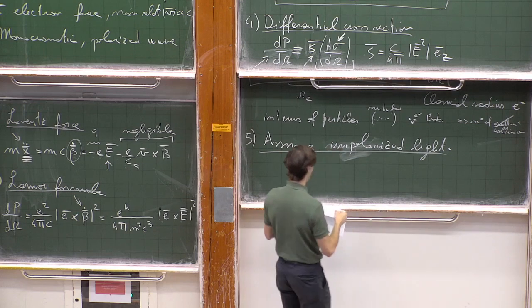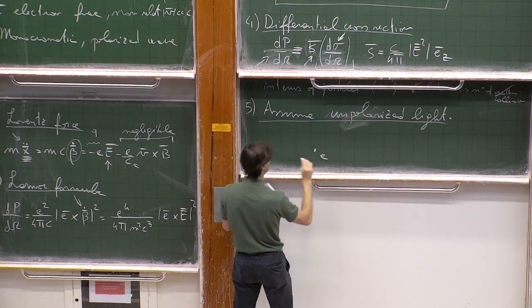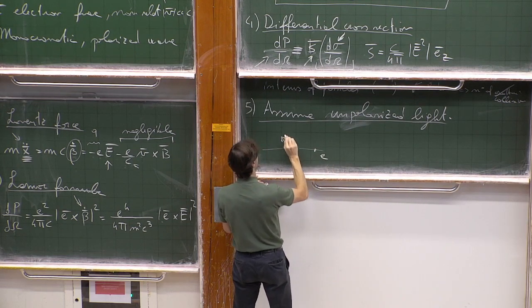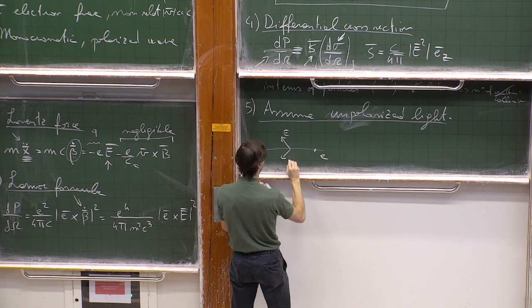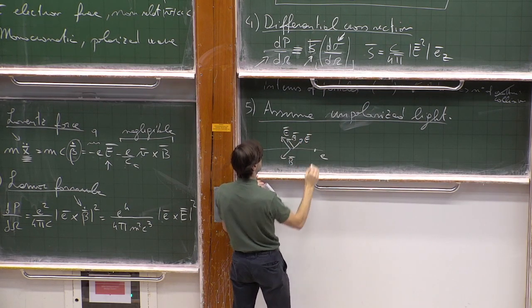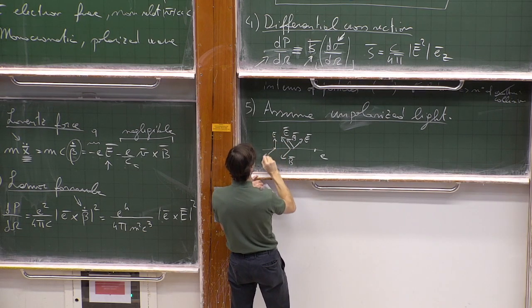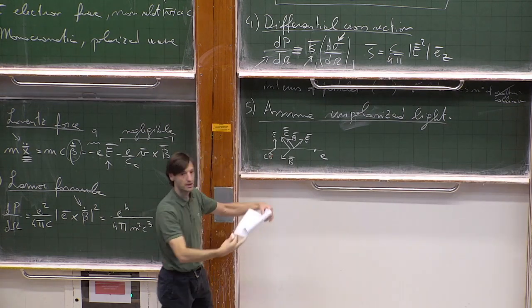Which means that we have a great number of electromagnetic waves hitting our electron with all possible orientations. And so on and so forth.